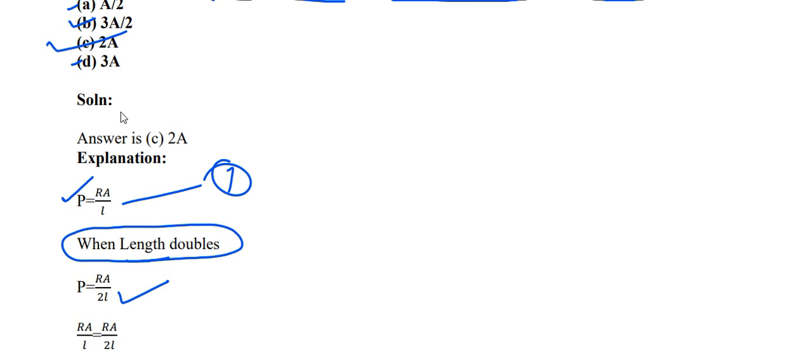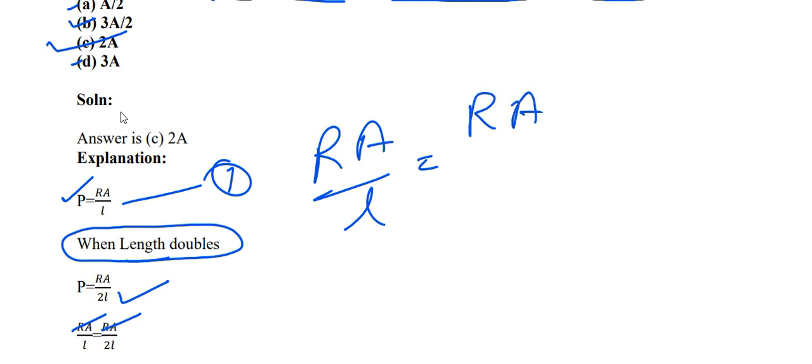You see RA and RA cancel. So RA by L equal to RA by 2L. RA cancel, RA cancel, right? Well, L will be what? Am I right or wrong?